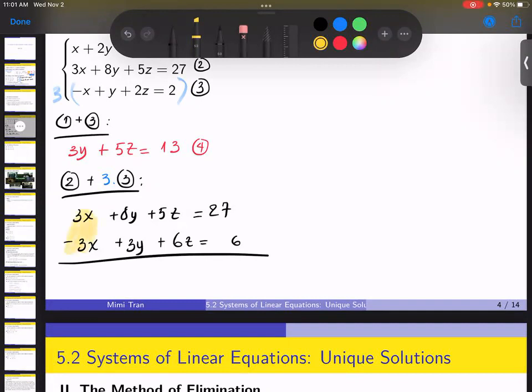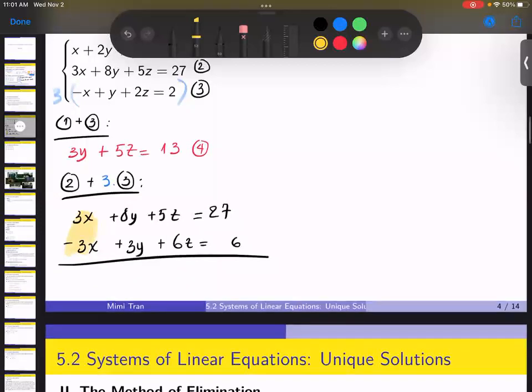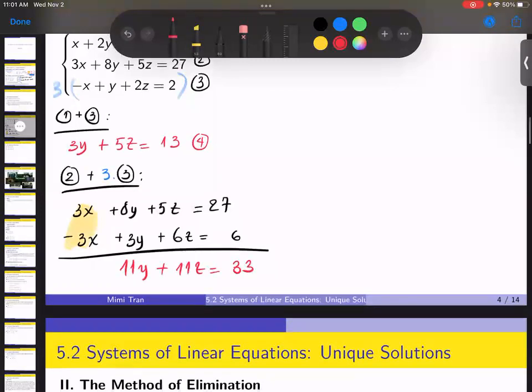Imagine you do that on the exam. Math is cruel. One little step wrong and the whole thing is garbage, which I'm not going to do to you. I'll give you partial credit. 8y plus 3y is 11y, plus 11z equals 33. Can I reduce it?